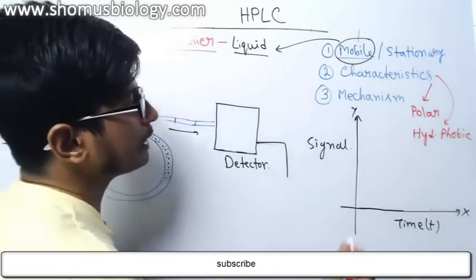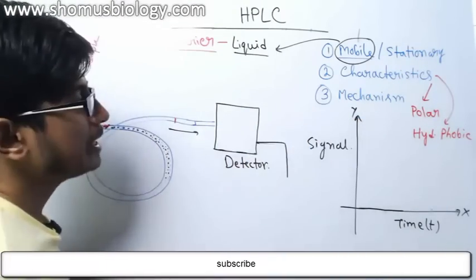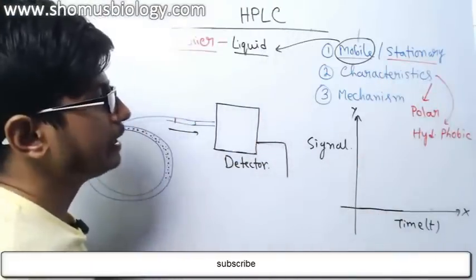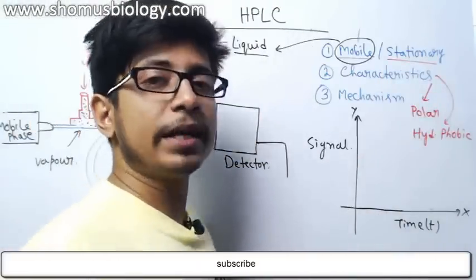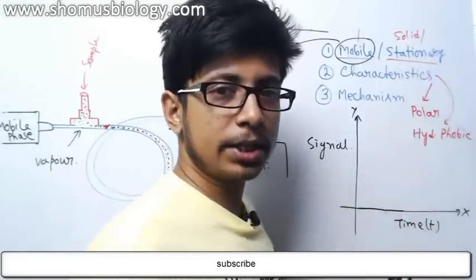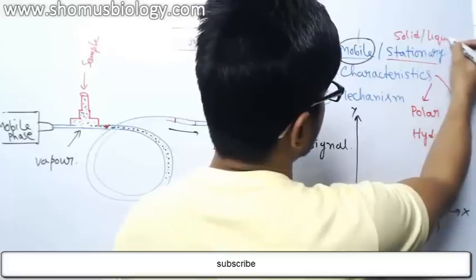Now, what is the stationary phase? In HPLC, it could be either solid or liquid. An example of a solid stationary phase in HPLC is silica, and it also could be liquid.